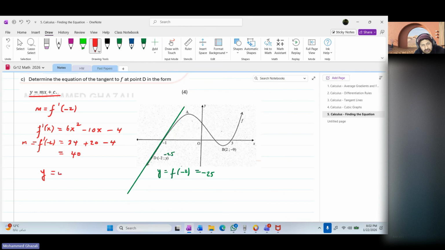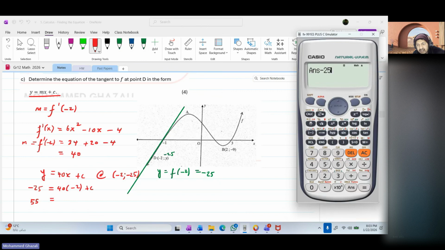So y is equal to 40x plus c at (-2, -25). So the y value is -25 equals 40 times -2 plus c. Right, so the value of c is -25 plus 80, because you need to move the -80 to the other side, and it becomes plus 80.